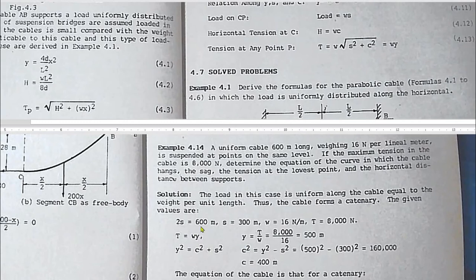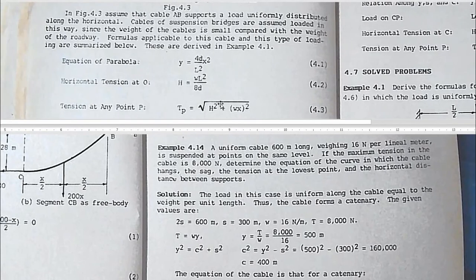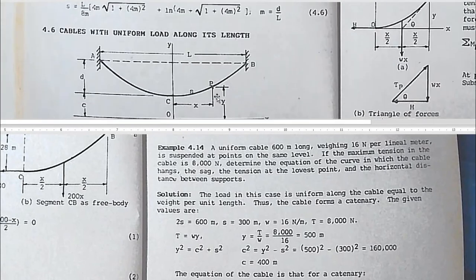Now, what is this 2S, 600 meters? Yan ngayon yung length, the entire length of the cable, meaning yung S, that is the distance from C to support B, taking half of the cable as your S, okay?